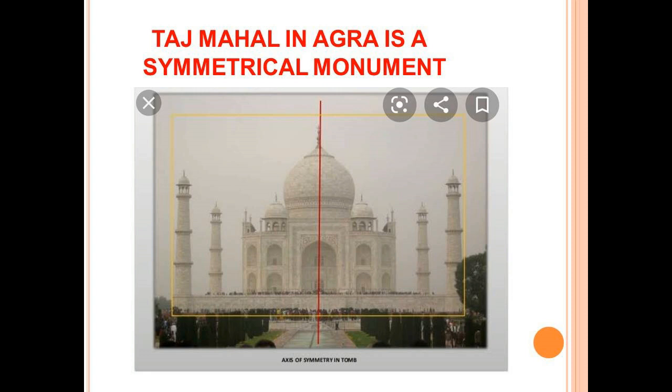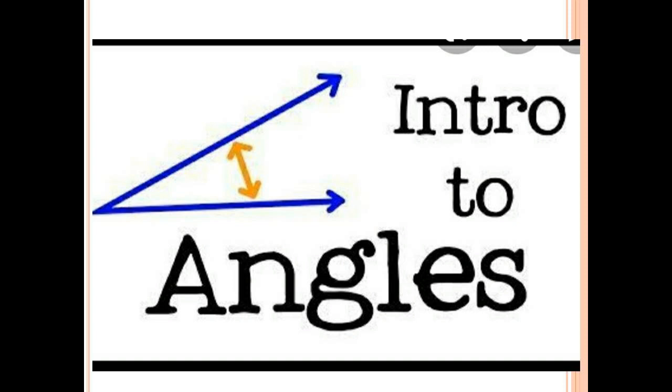Yes, it is the Taj Mahal, the world's monument. In this picture, a symmetrical line is drawn. So Taj Mahal in Agra is a symmetrical monument. Now you understood the practical value of symmetrical shapes.